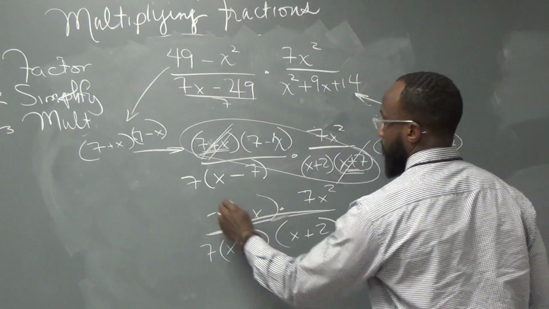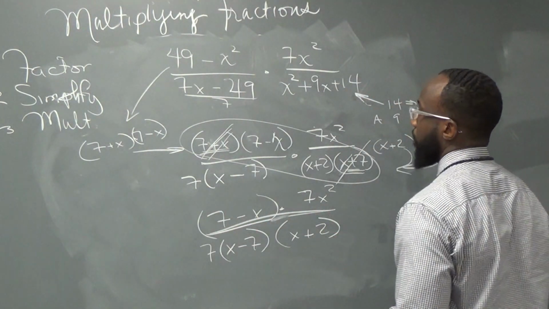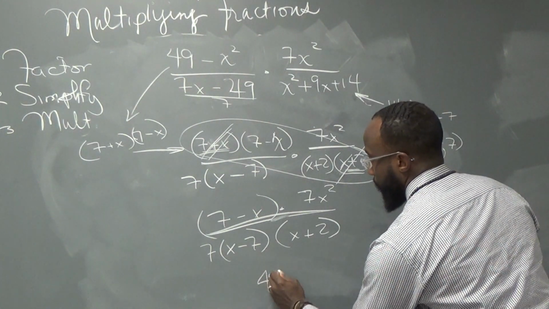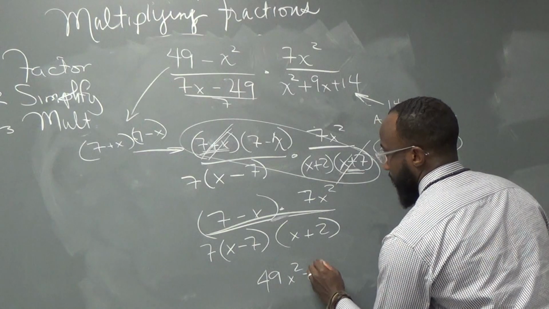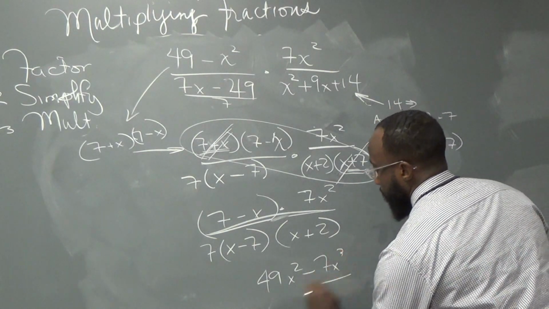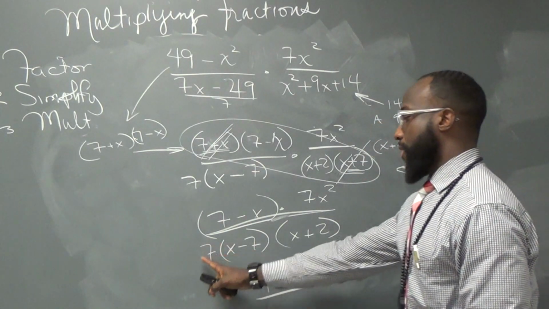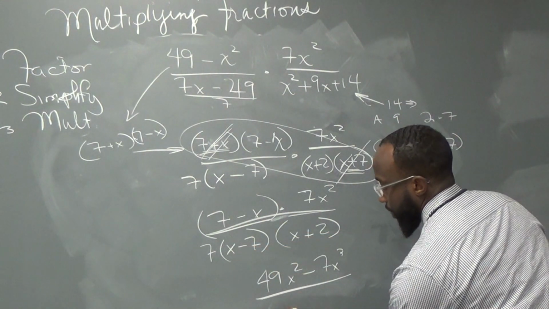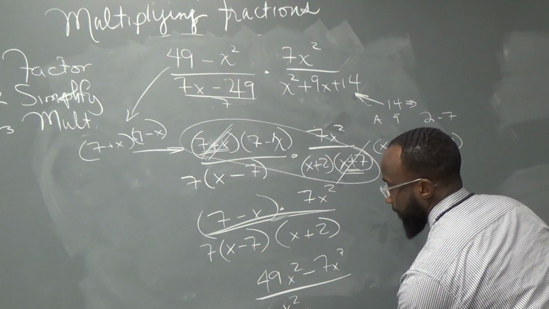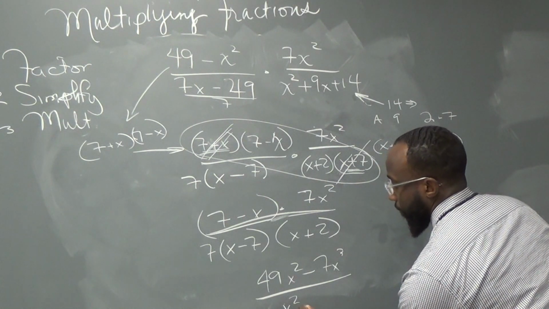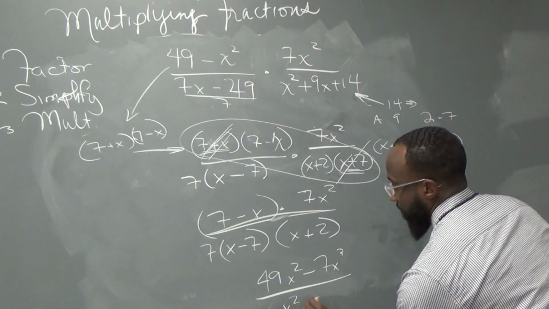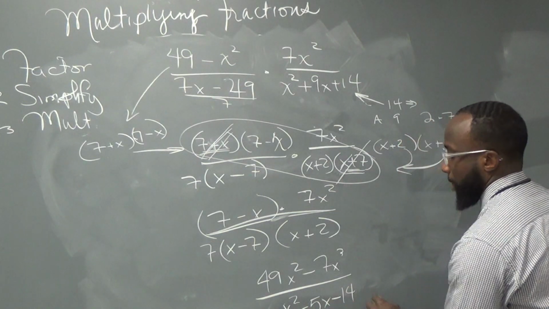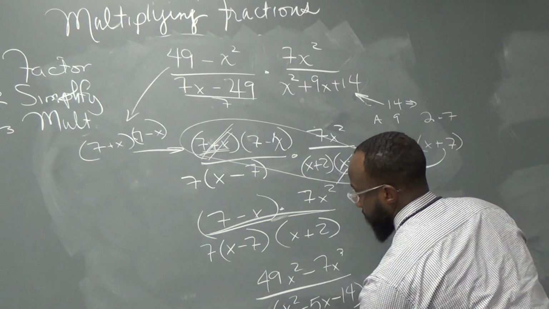So you multiply across, you're going to distribute the 7 through. When you distribute the 7 through, you will end up with 49x squared minus 7x to the third over, leave that 7 on the outside, and you FOIL this, you will end up with x squared minus 5x minus 14, all times 7.